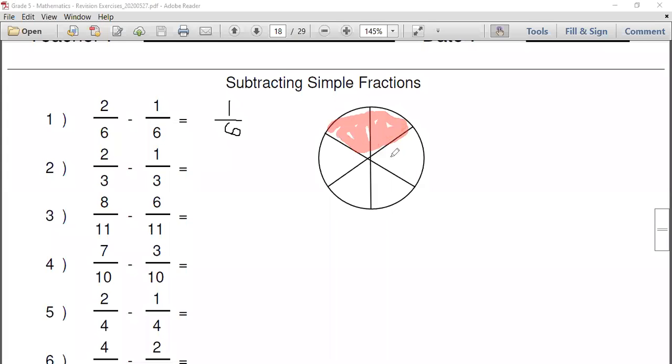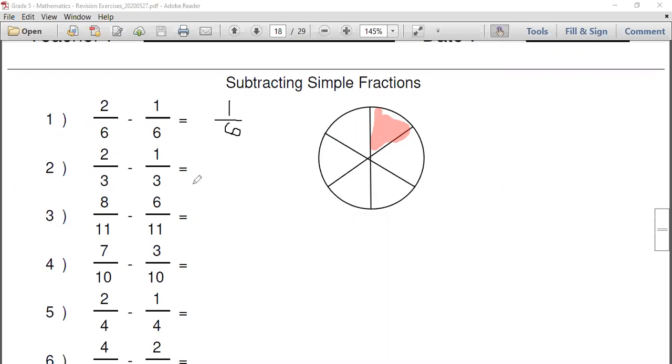But now I need to take away 1, so therefore I am only left with 1. So that's the picture option.